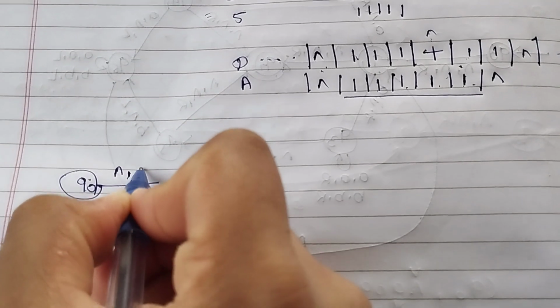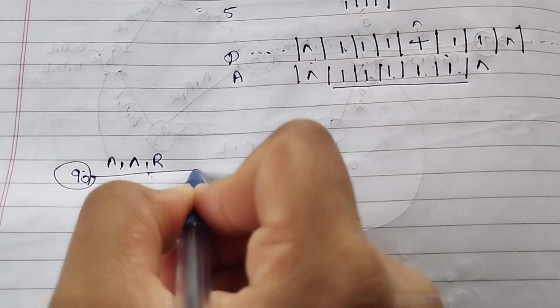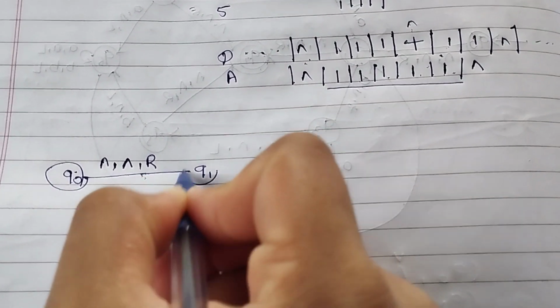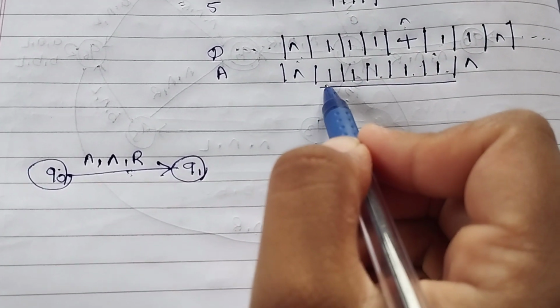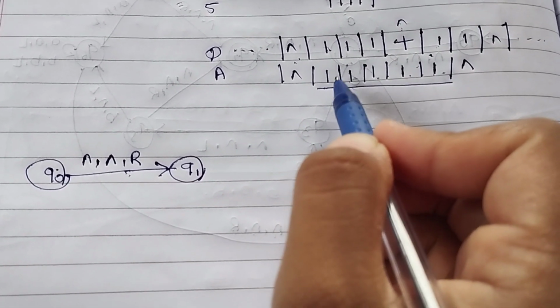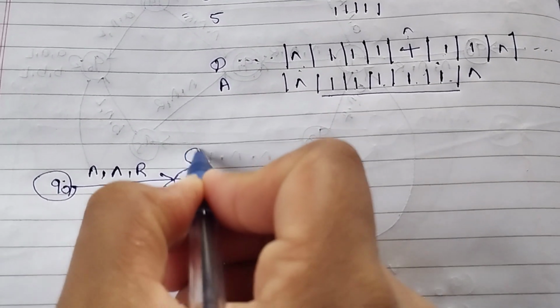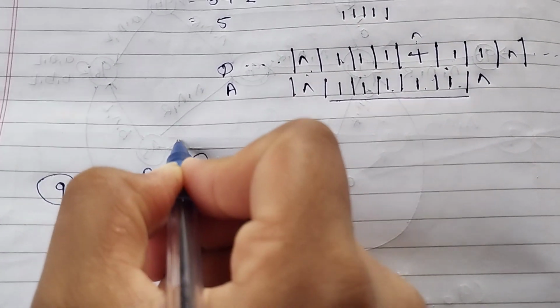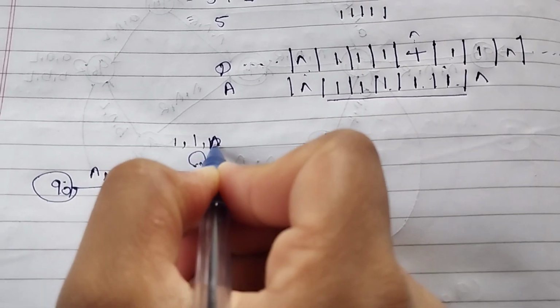Now next we reach the Q1 state. In the Q1 state we read 1. So here we form the cycle and keep all the 1s as it is. We draw one cycle for the 1. So this 1 is kept as it is and we travel to the right side.